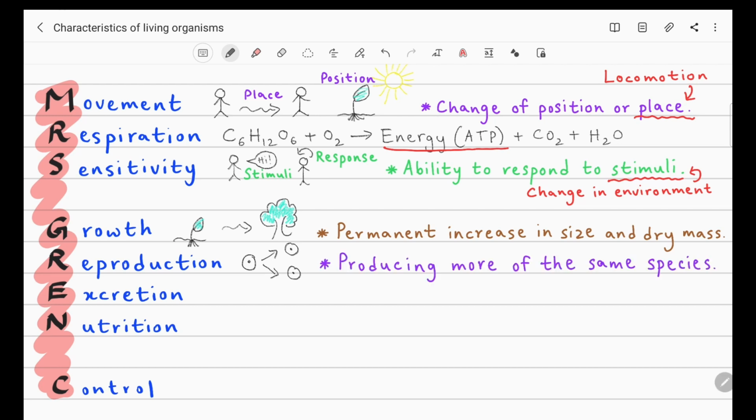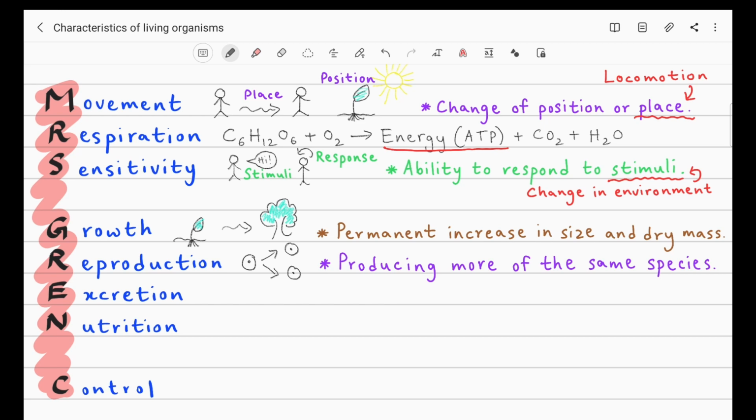The next characteristic is excretion. Excretion refers to the removal of metabolic waste, which is the waste products of metabolic reactions which take place within the body. If allowed to accumulate within the body, it could become toxic to the organism. Therefore, it is removed from the body before that happens.